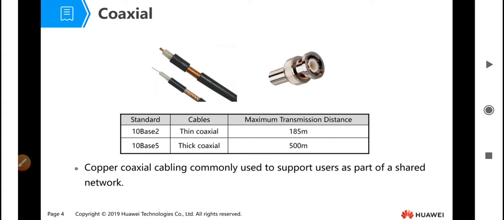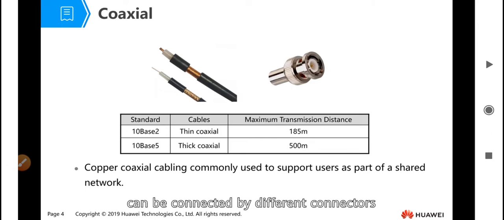These 2 coaxial cables connect using different connectors. The thin coaxial uses the BNC, and the 10Base5 uses the type N connector.